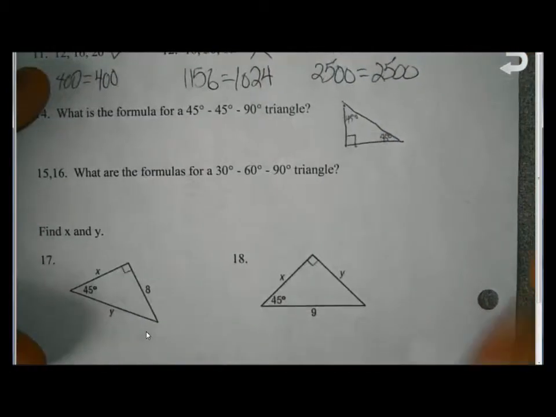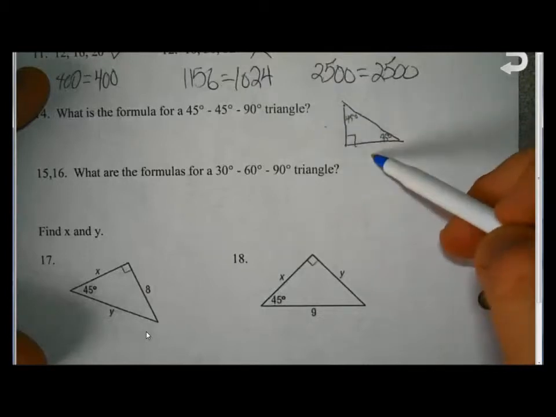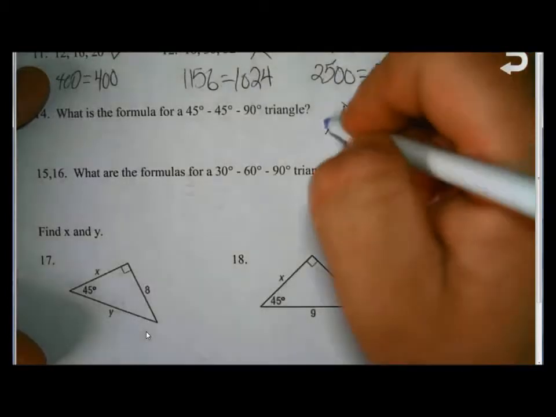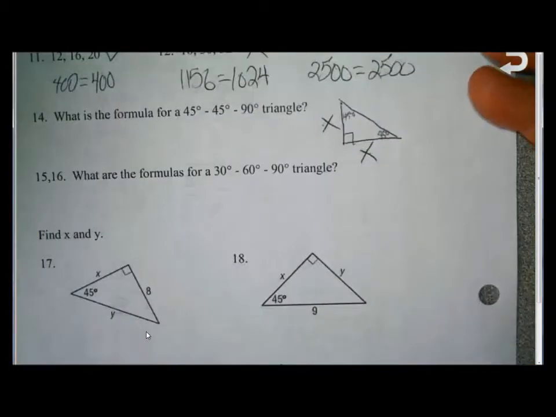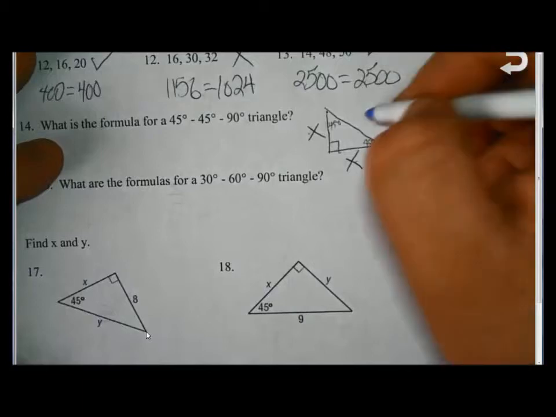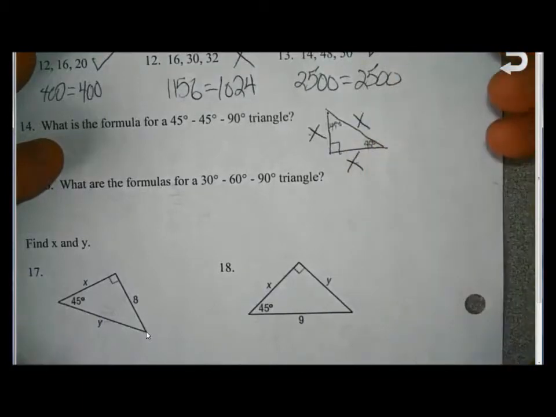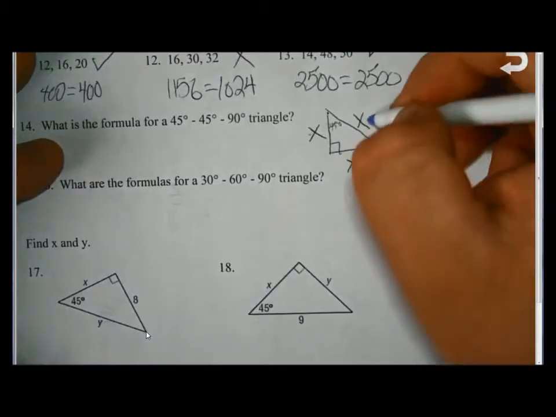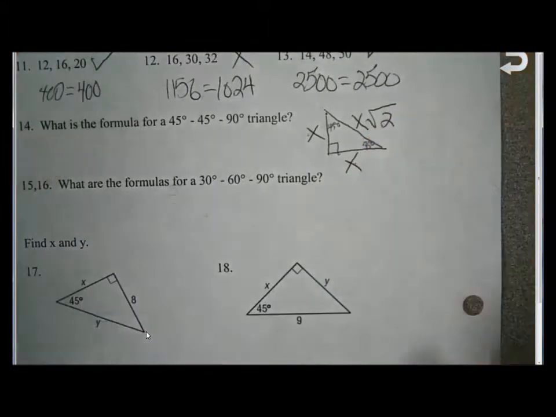What letter goes with the legs? X. So then the hypotenuse has to be what? Y. Nope. X times the square root of 2. So that is the formula for a 45, 45, 90.